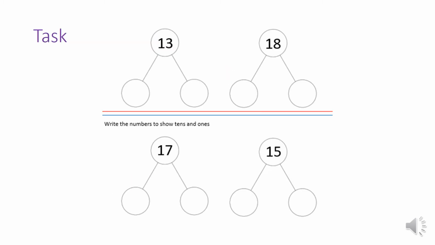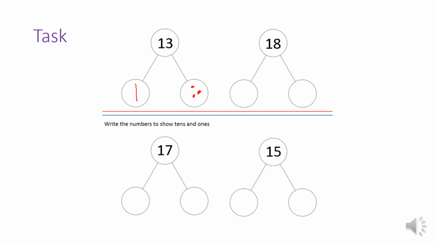Your task today is to complete these part-part wholes on your own. So the first section you have to draw your deans, so your chips and peas. So this one here, number 13, I draw my chip for my 10 and my 3 peas to show the 3. And the second half, you have to write the numbers in.